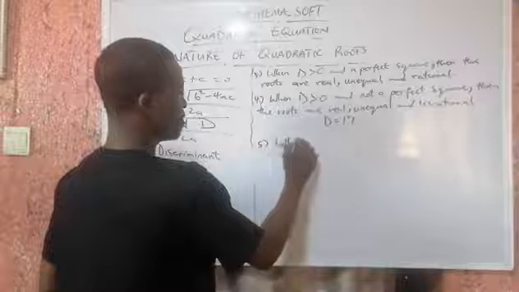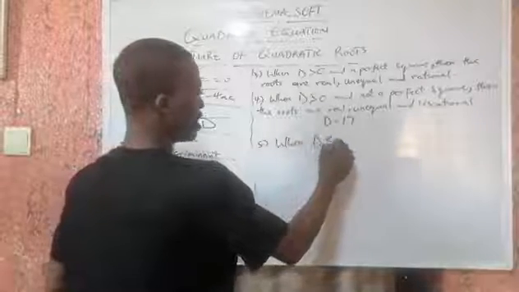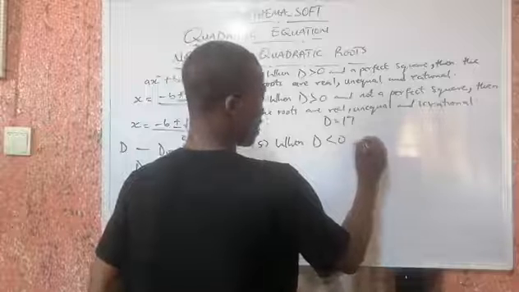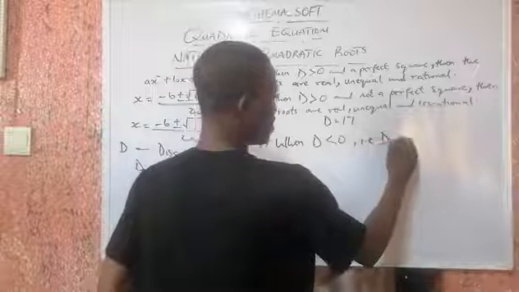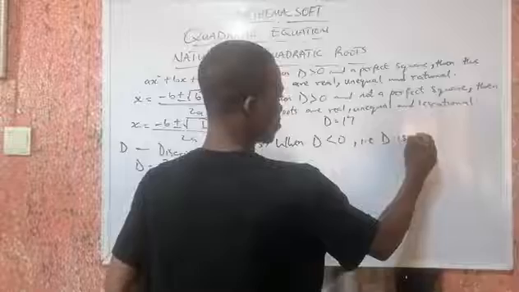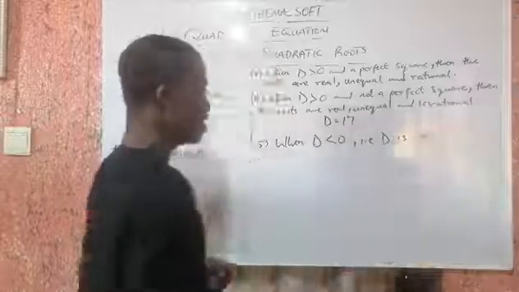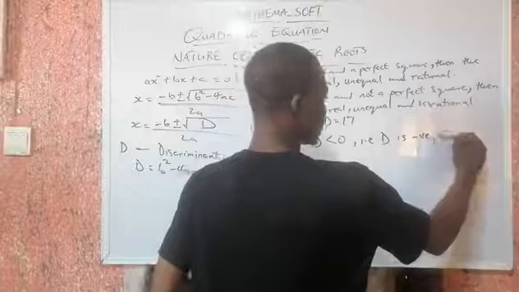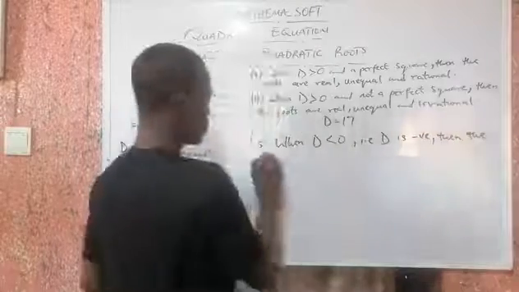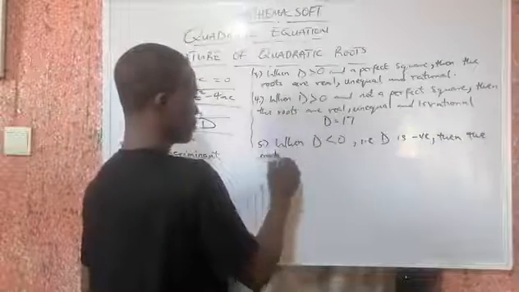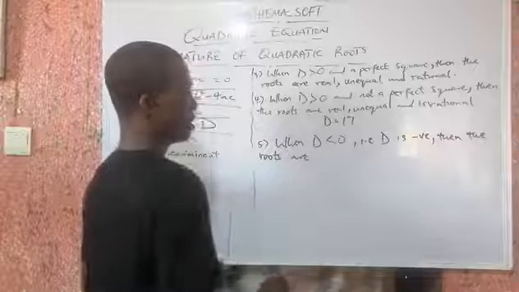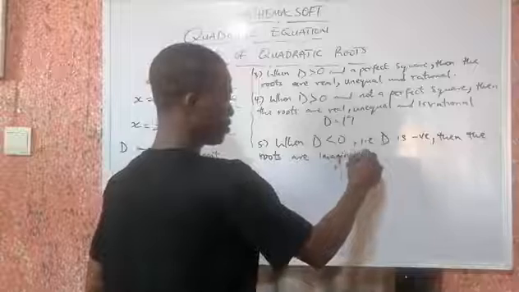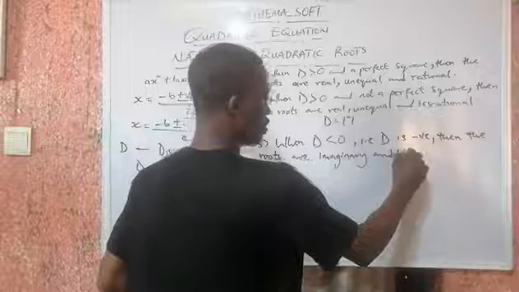is when D is less than 0. What we can say about this is that the value of D is a negative value. When the value of D gives you a negative value, then the roots are imaginary and unequal.